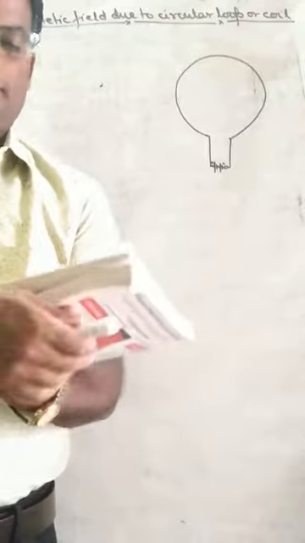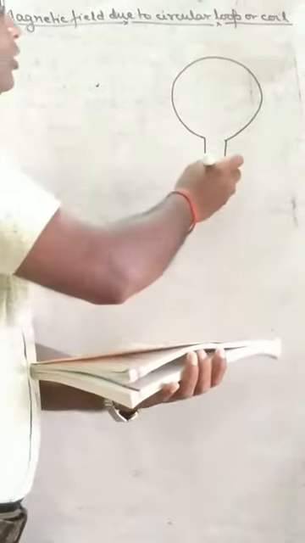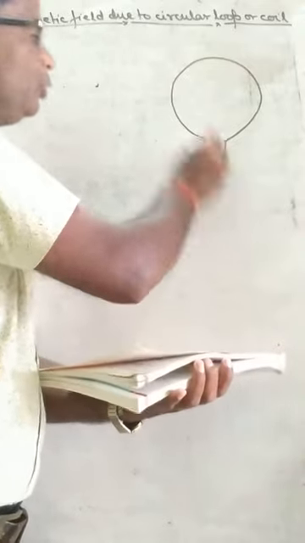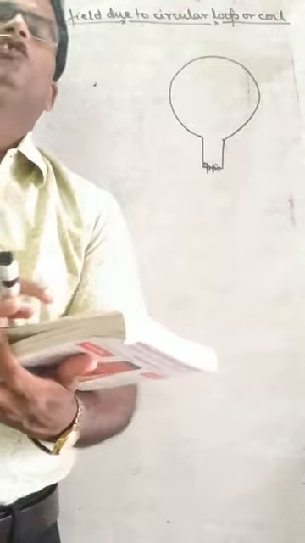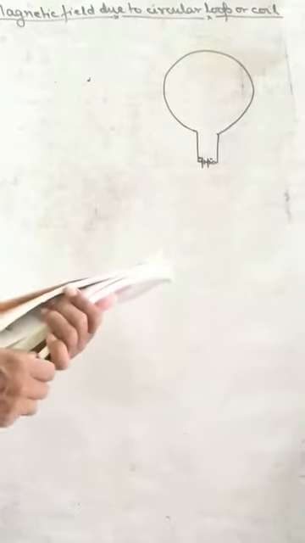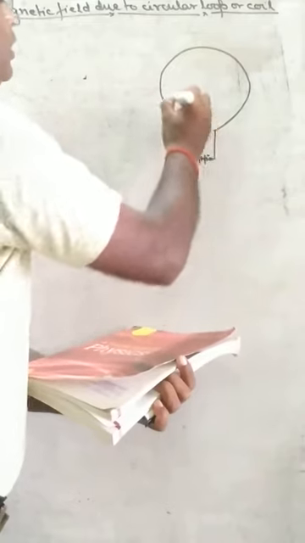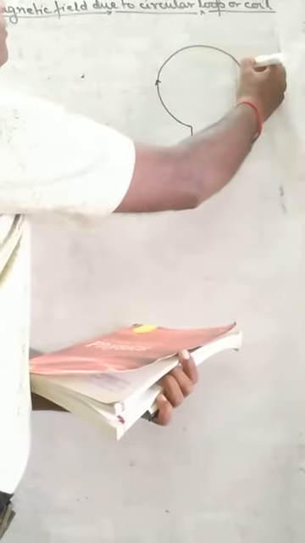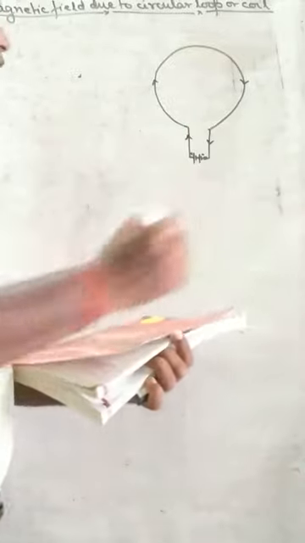After this, what happens? When the circuit is open, meaning you have not closed the circuit, all the iron filings are in the same pattern; they do not change position. But when you close the circuit, then electric current passes from the positive terminal to the negative terminal like this.